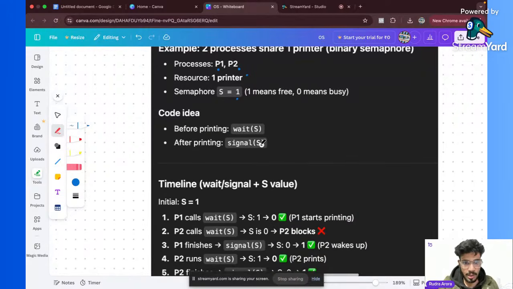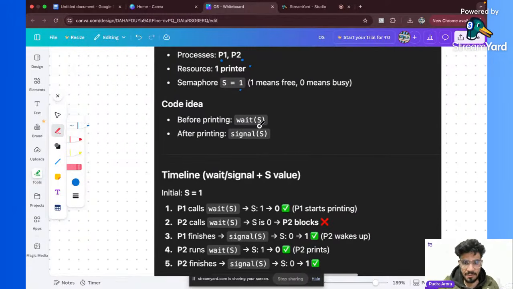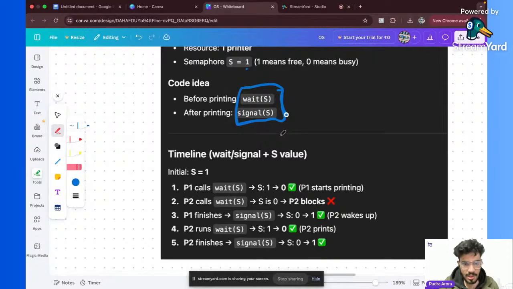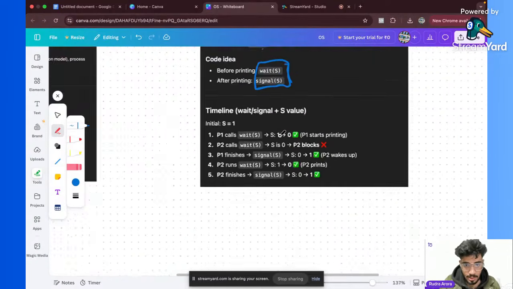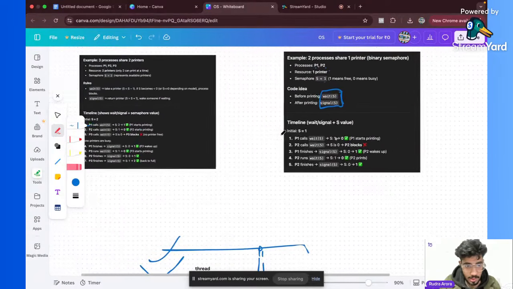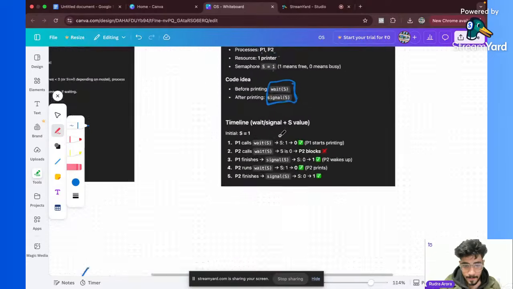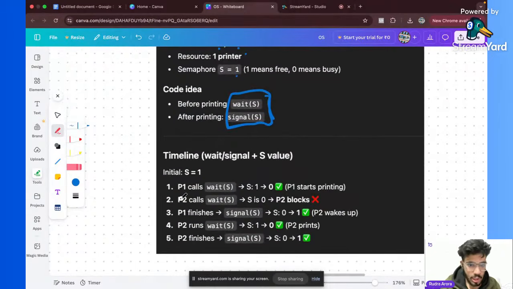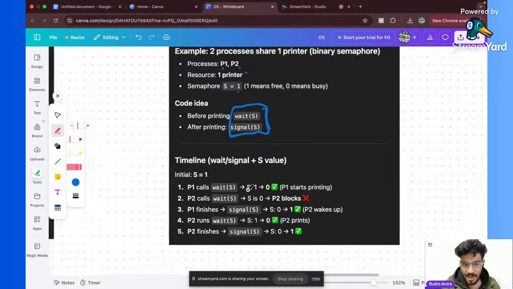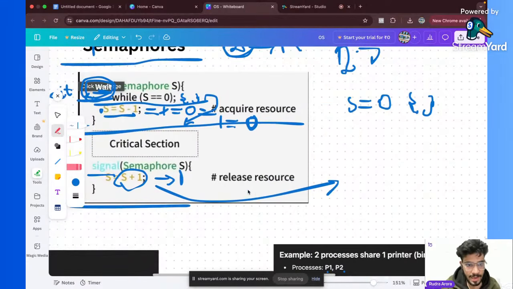So the core idea is wait and signal. I think these two terms are clear to you. So what happens when P1 calls wait? Means P1 enters the critical section. It calls wait. So what will wait do? Wait will do s minus minus, which I just showed you, that is s equals s minus 1.